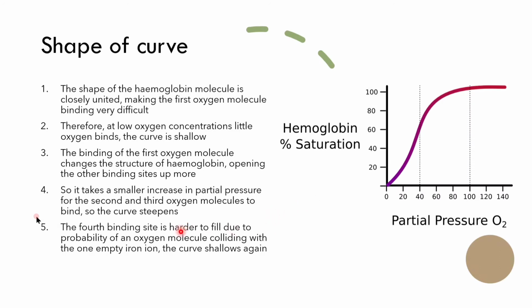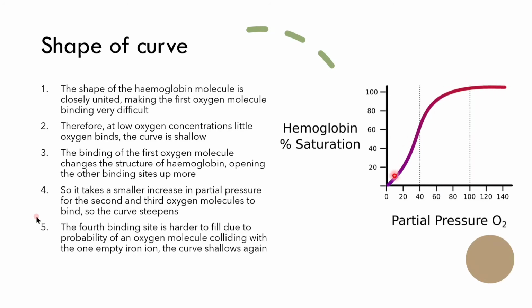And the fourth binding site is harder to fill, and this is due to the probability of the oxygen molecule colliding with the empty ion. So because we've now filled 3, there's a lower probability that the oxygen molecule will collide with the correct empty ion. So the curve shallows again because the probability of it binding to that binding site specifically decreases.